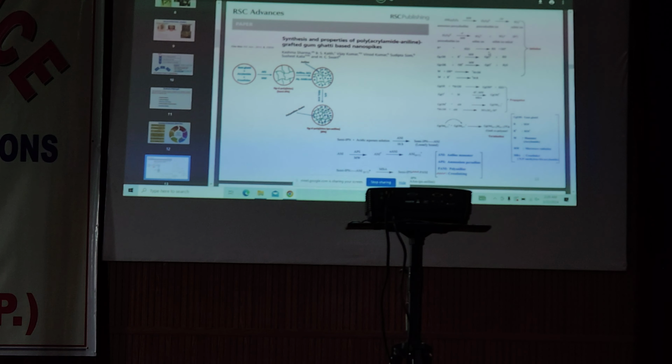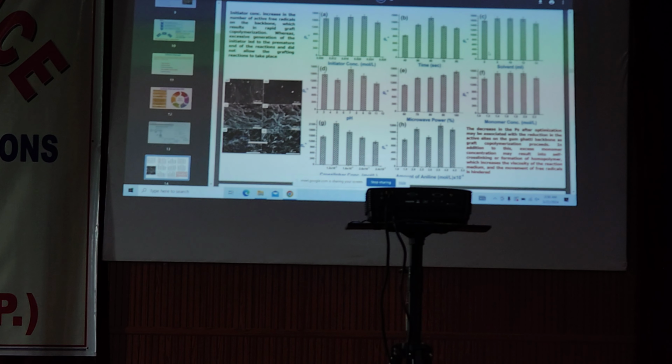So these radicals initiate the course of reaction, and later on they activate the active sites on our backbone, that is the gum, as well as on the monomer, and then it leads to propagation. Then these propagated molecules, because they are in an activated form, when they come close to each other, it leads to termination. So this is how the reaction takes place, and how it leads to the formation of hydrogel.